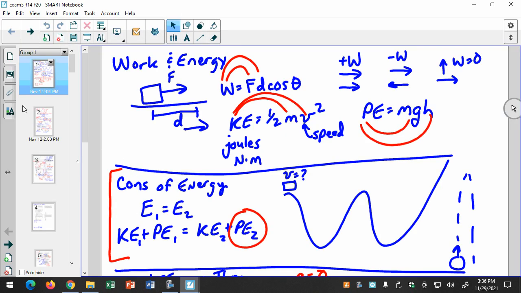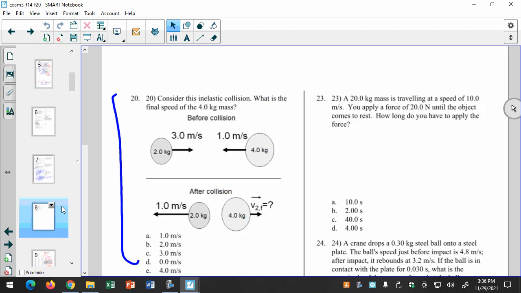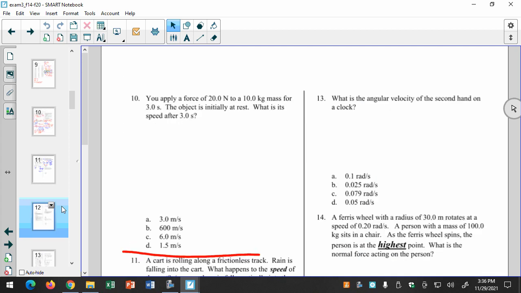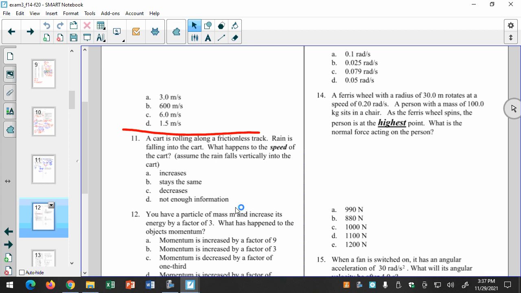Fall 19. And what number? 14. Number 14 on fall 19.